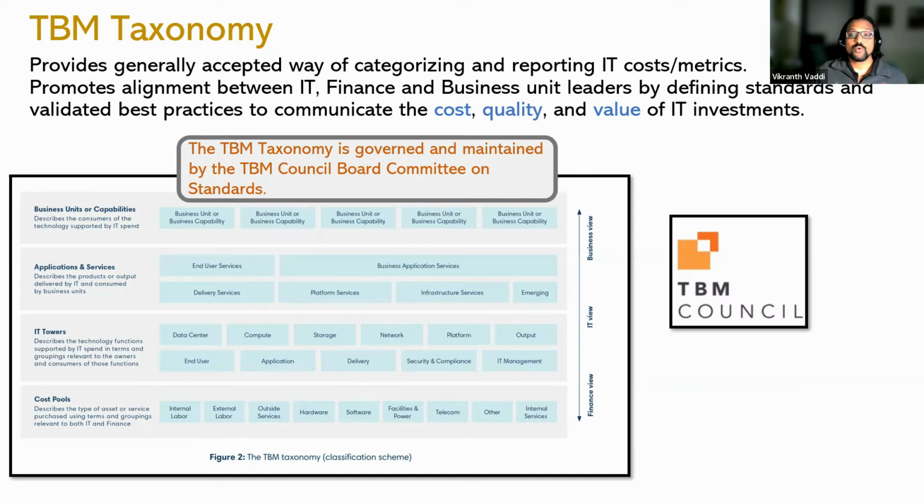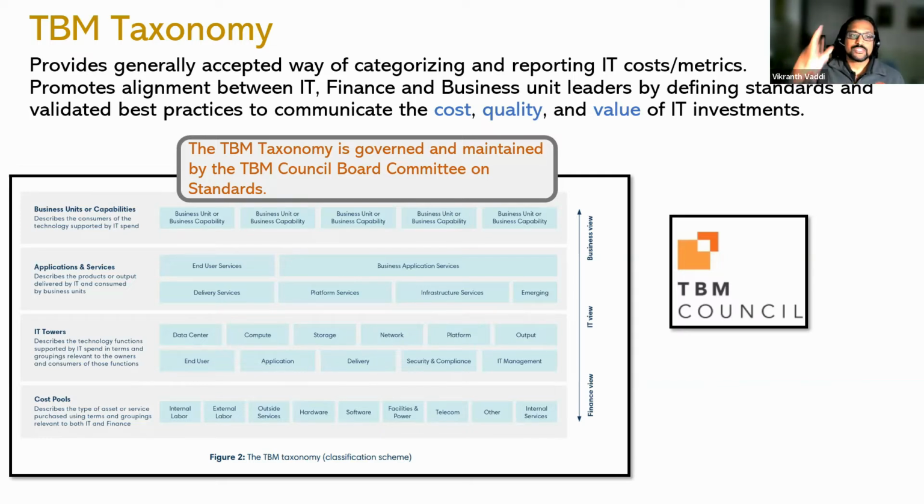So what they do is they provide a generally accepted way of categorizing and reporting IT costs. And the idea behind all of this is we have to establish a common language and structure, so everyone is talking about the same thing in the same way. And that's the general idea of this, especially through these different stakeholders.